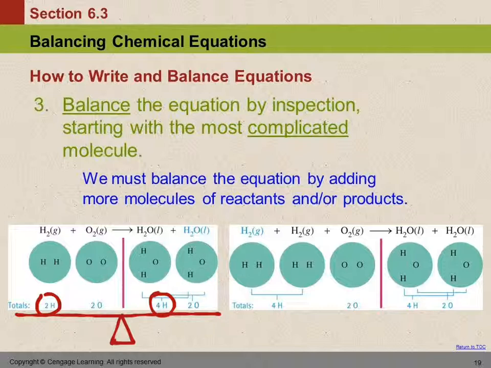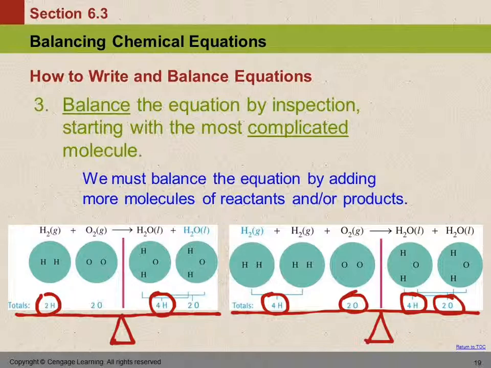That's not going to balance, right? It's going to flop to one side or the other. So we're going to make adjustments to our teeter-totter so that now we've got 4 hydrogens there and 4 hydrogens there, and 2 here and 2 there. And then it will be balanced. It's equal on both sides. So that's one way to look at it.